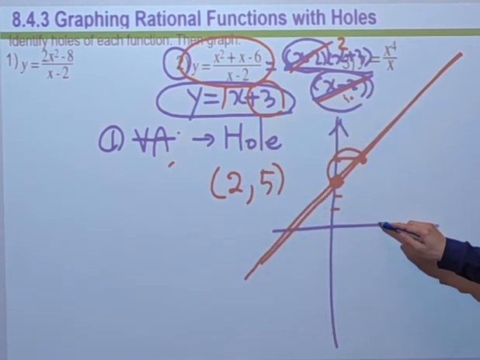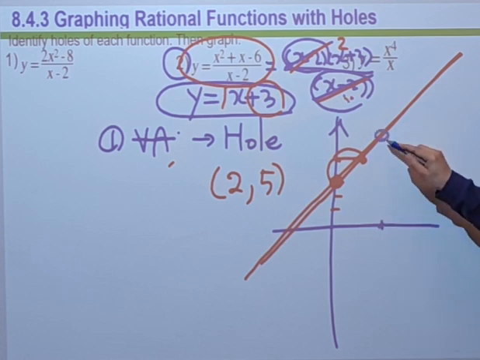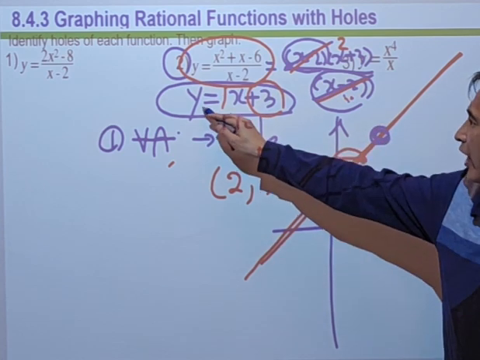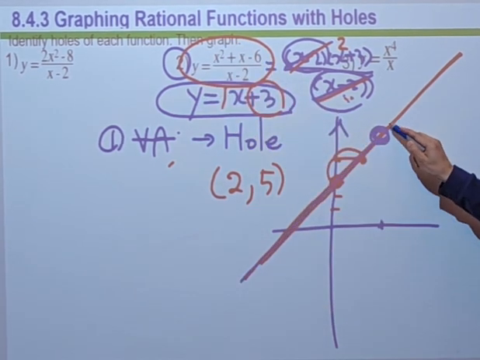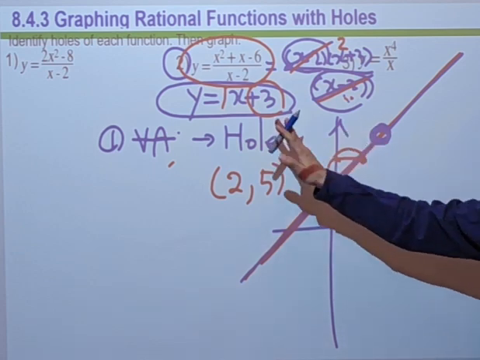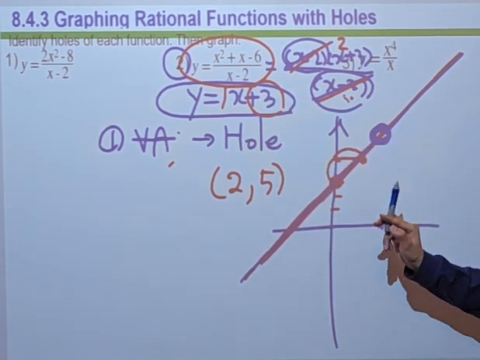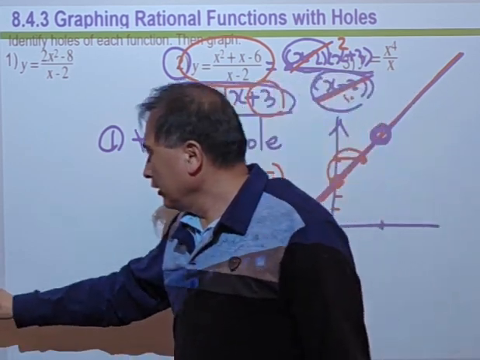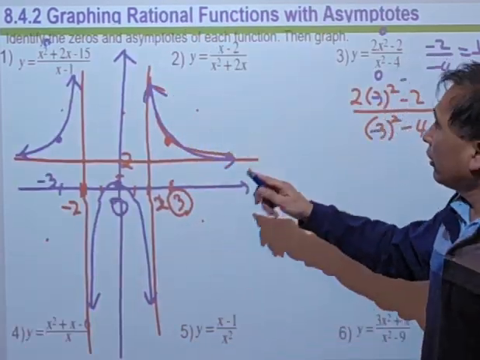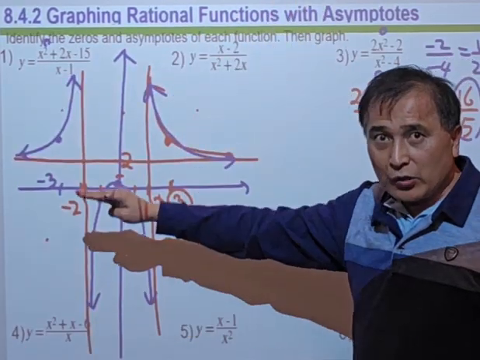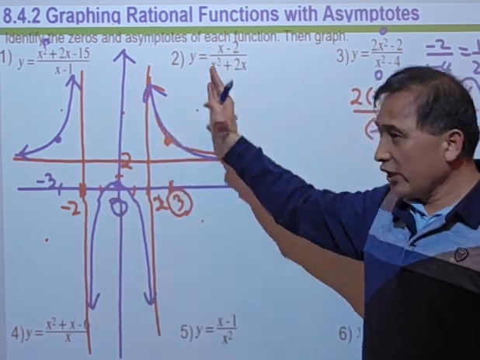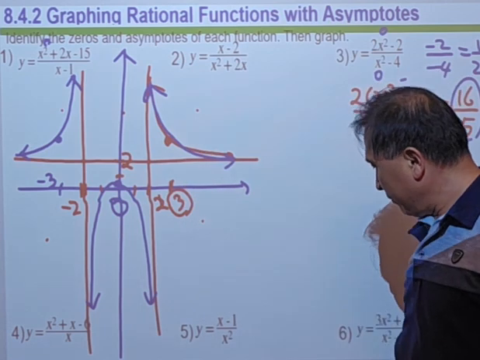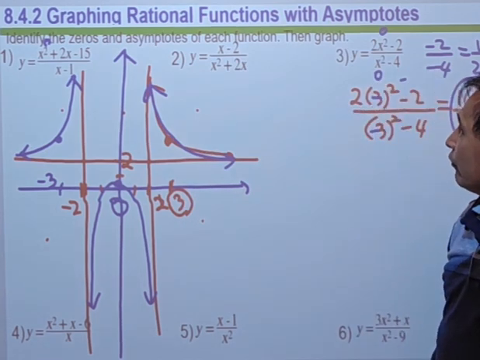So x plus 3 is just a line, but this function is the same as that line, but it has a hole in the middle right there. So you need to check all the time for a rational function whether there is a hole or not. Or you can draw with the vertical asymptote first, horizontal asymptote, or slant asymptote. And then for each section, 1 and 2, which one you need to choose, you solve and draw the rational function that way.